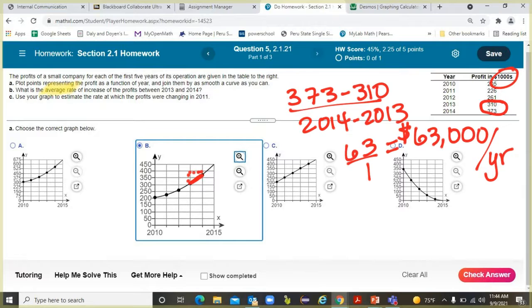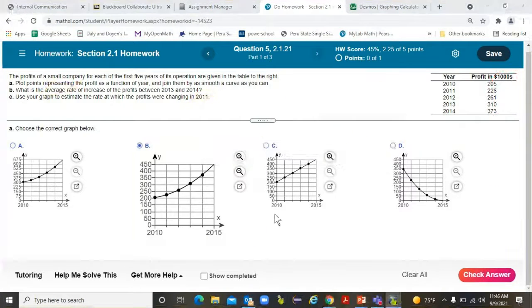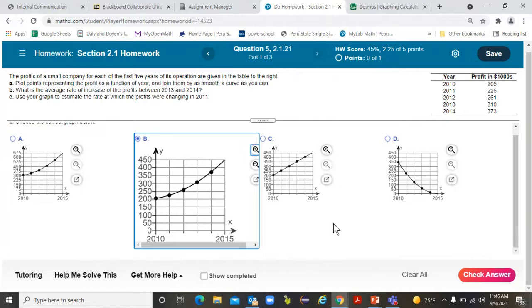what was happening in 2011. So notice it's a single year there. So what they want us to do is try to find the slope of not the secant line, but the tangent line. So I really want to make this even bigger. I don't know, is that a little better?